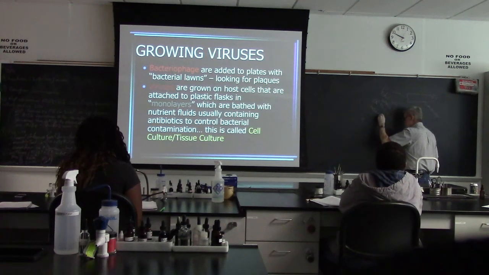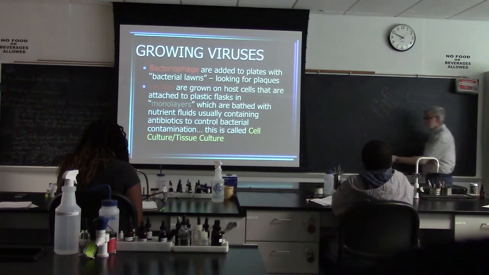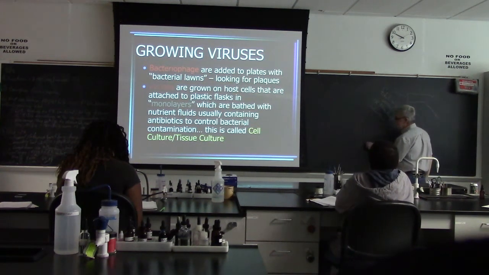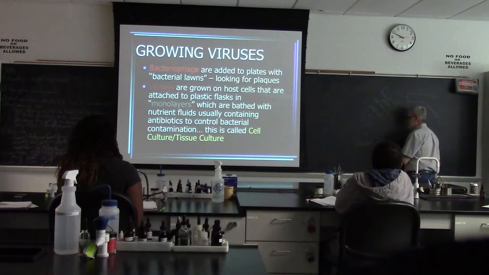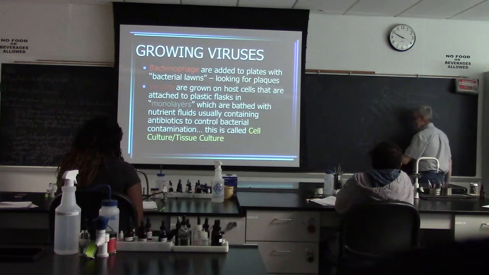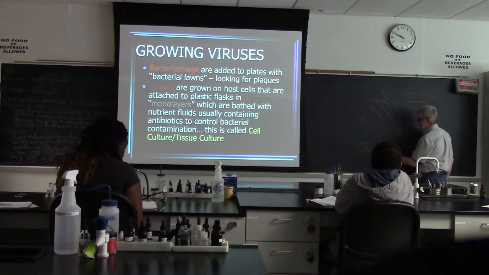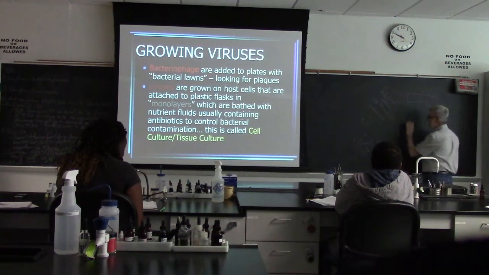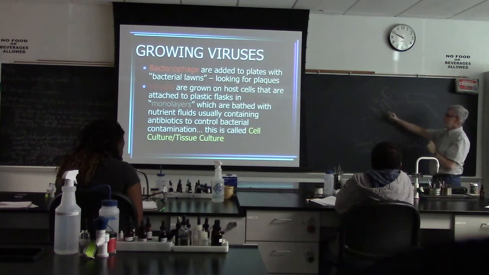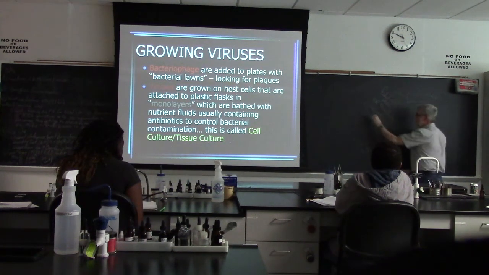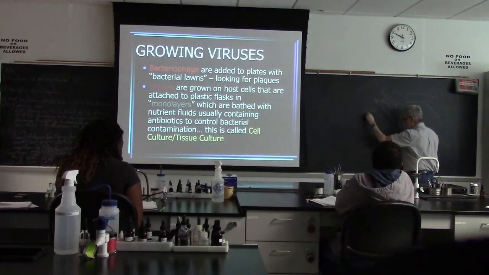So to grow viruses, we would first take a chunk of the host cell, then add an enzyme that breaks them apart, and then add fetal calf serum, phosphate buffer, antibiotics, and a few vitamins and minerals.